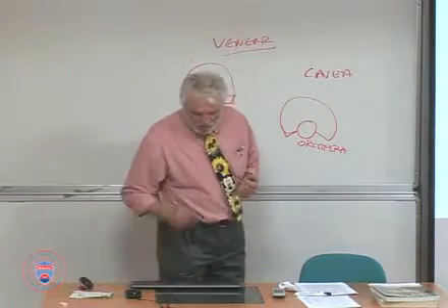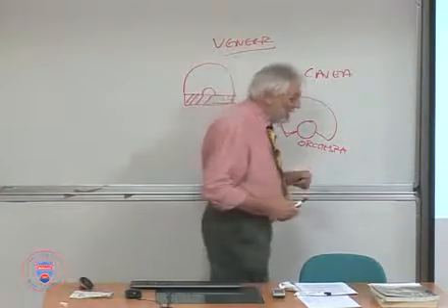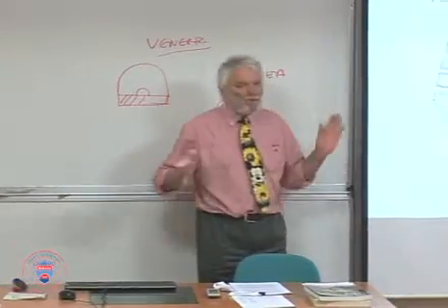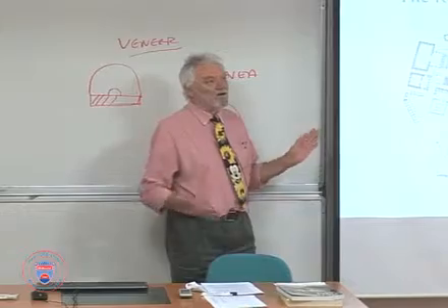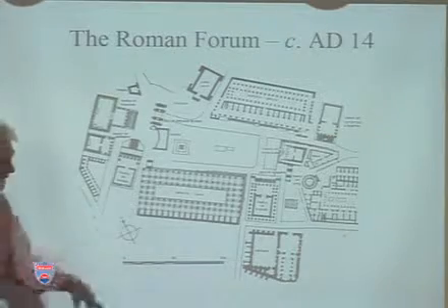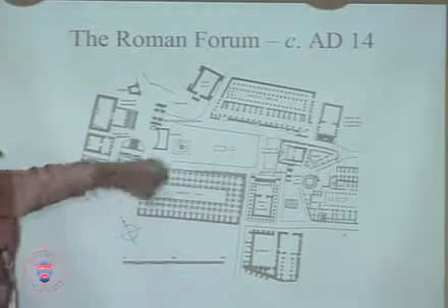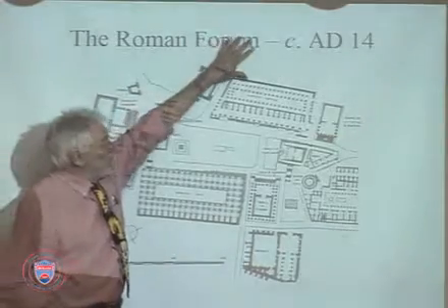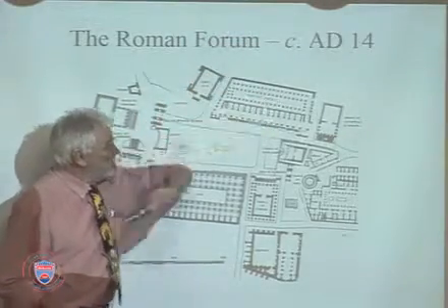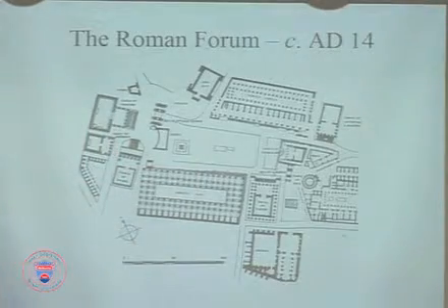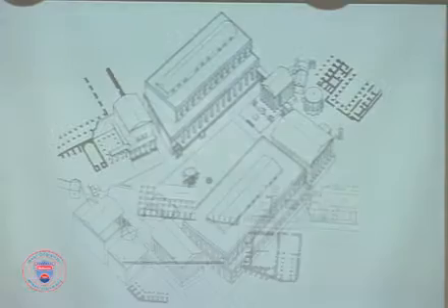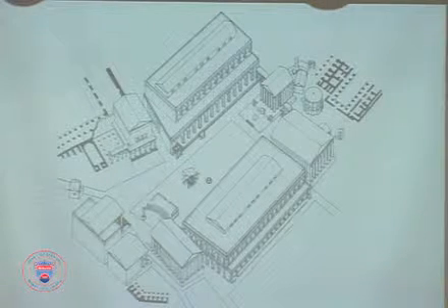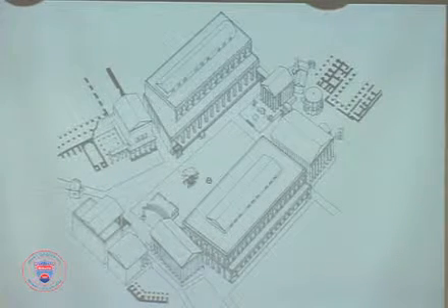Well, what does Augustus do? He starts off by completing a number of building projects that Caesar had started and never quite got round to finishing. The Basilica Julia, the Curia Julia over there, the Forum Julium up over there, probably the Basilica Aemilia as well. He does this because this is the way in which a Roman shows respect for his family.